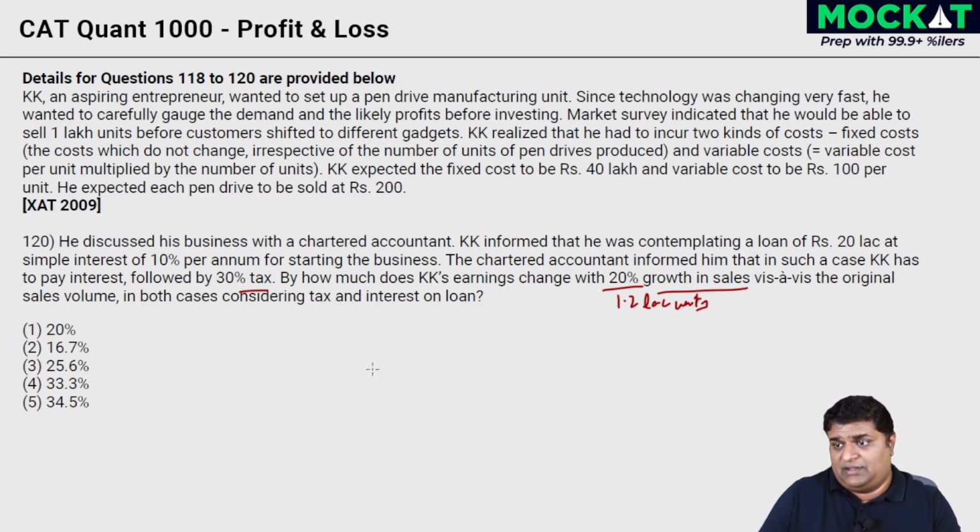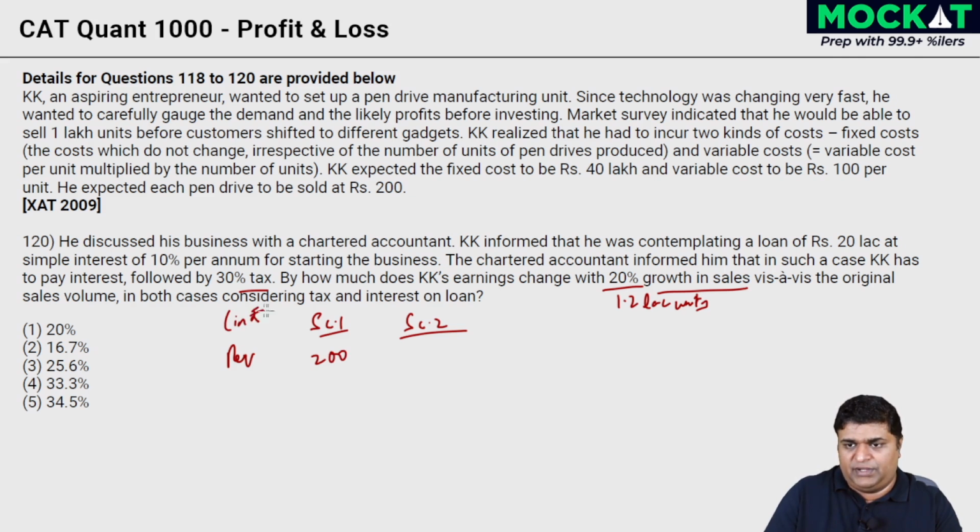We'll have to understand the impact on the profit. Scenario 1, scenario 2 over here. What's the revenue going to be? Scenario 1, normal scenario, 200 into 1 lakh units, that's 200. This is in rupees and lakhs, okay? Scenario 2, 1.2 lakh units sold at 200 per unit, that's going to be 240 lakhs.